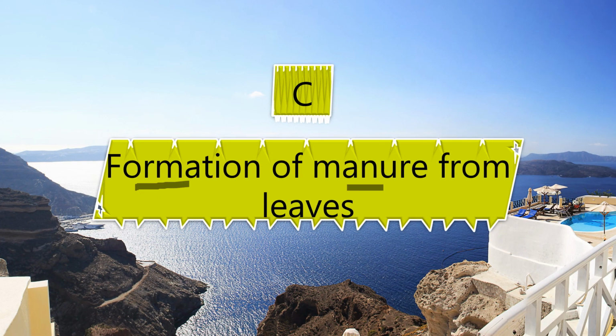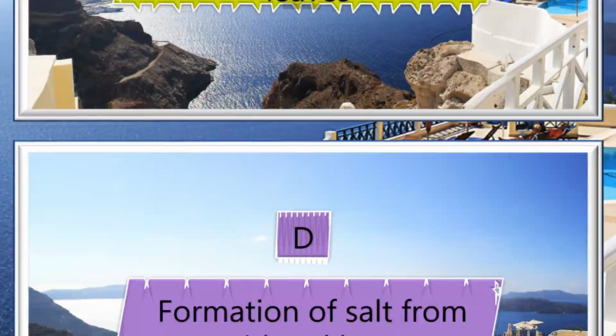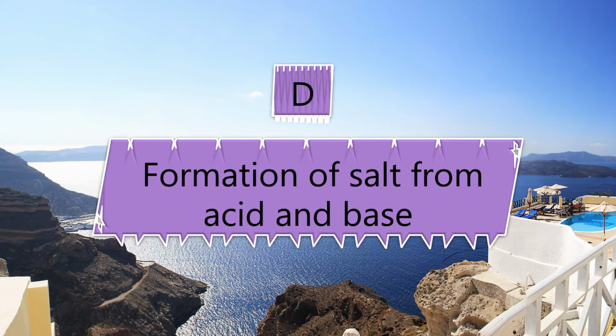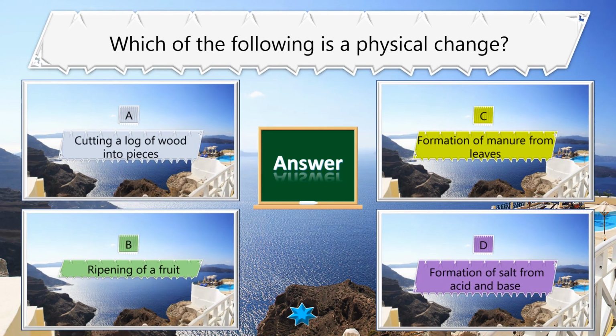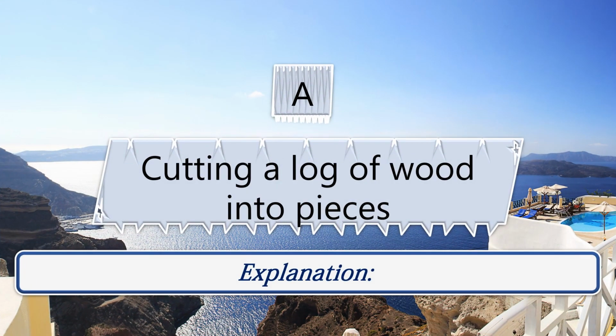Formation of a mature from leaves. Formation of salt from acid and base. The answer is cutting a log of wood into pieces.